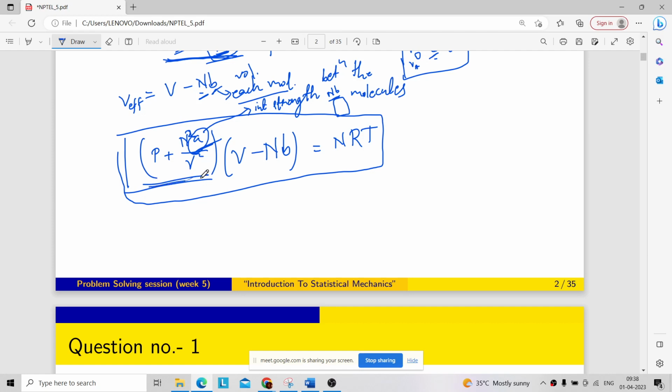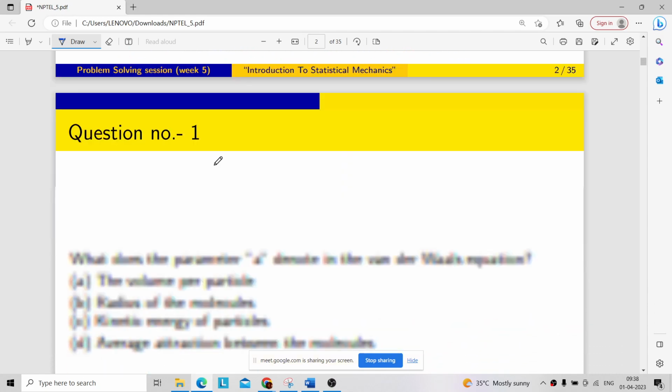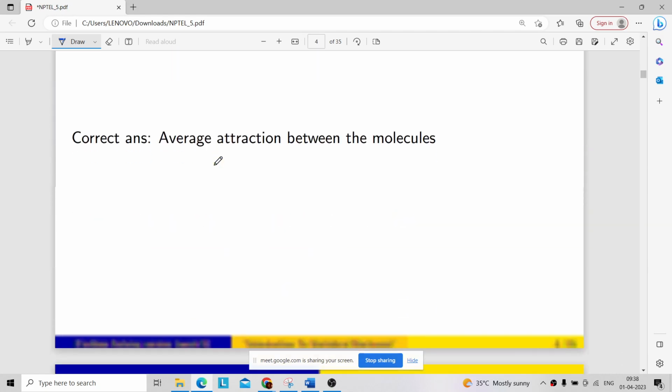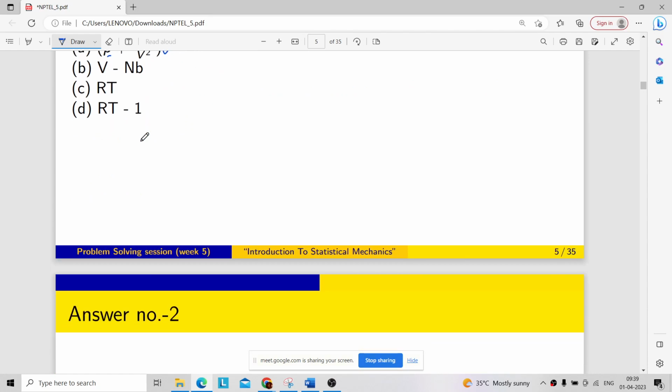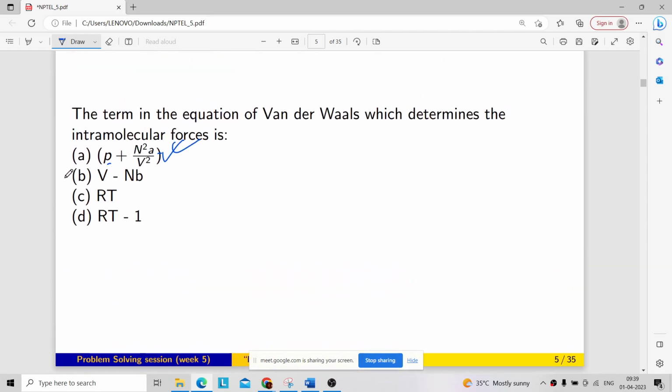So this first term represents the force of interaction between the molecules. So we have the option here in question 2. So this is the right answer, right? Where this V minus nb represents the effective volume.